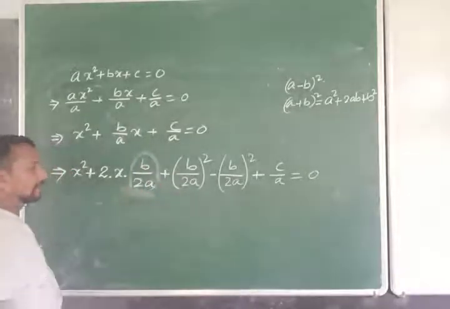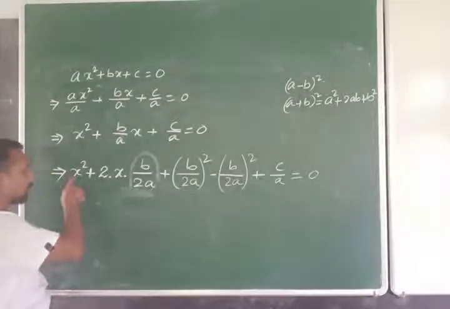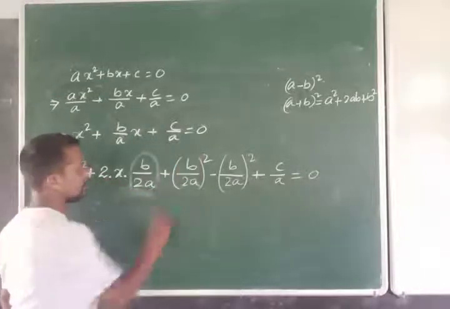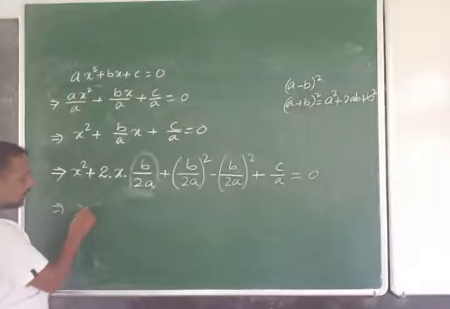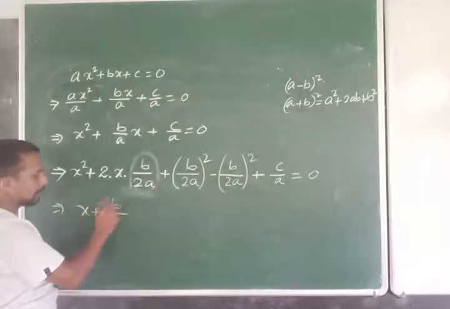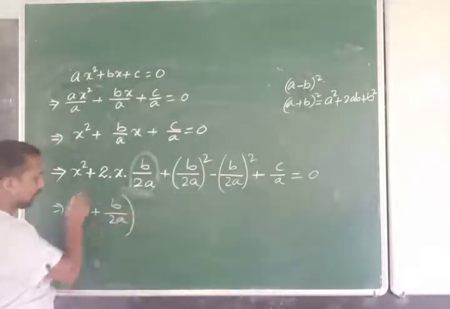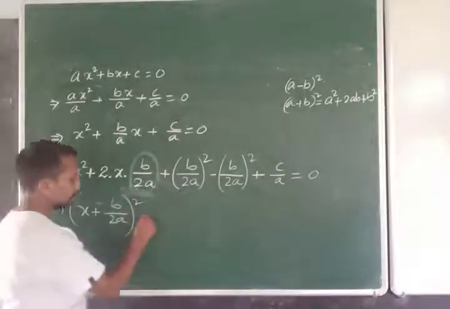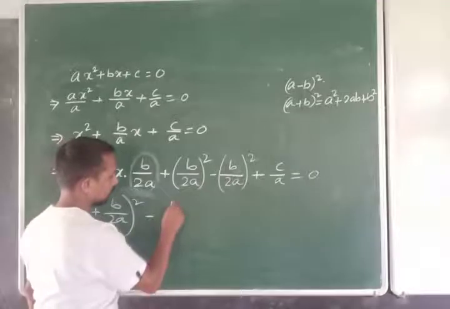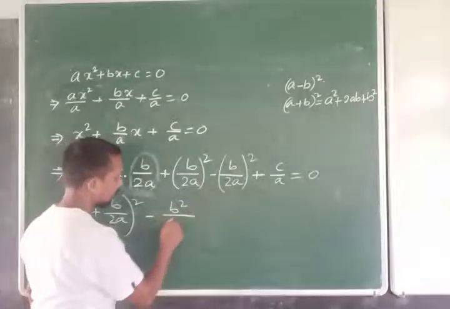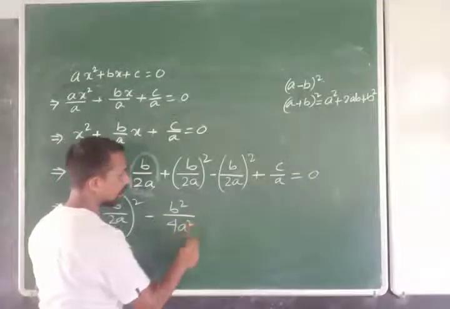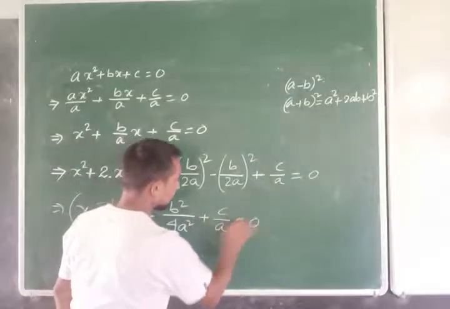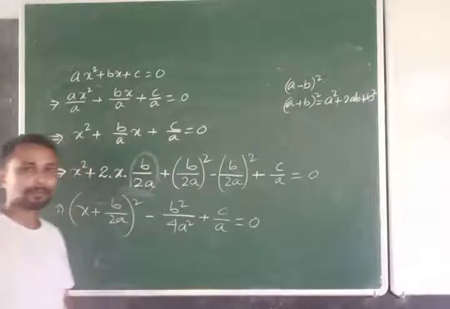After this, you can see once again a square plus twice ab plus b square equals a plus b whole square. So we get x plus b by twice a whole square minus b square by 4a square plus c by a equal 0.